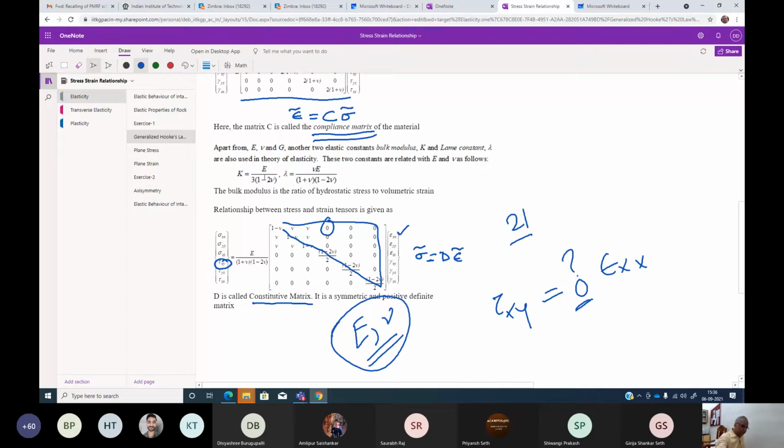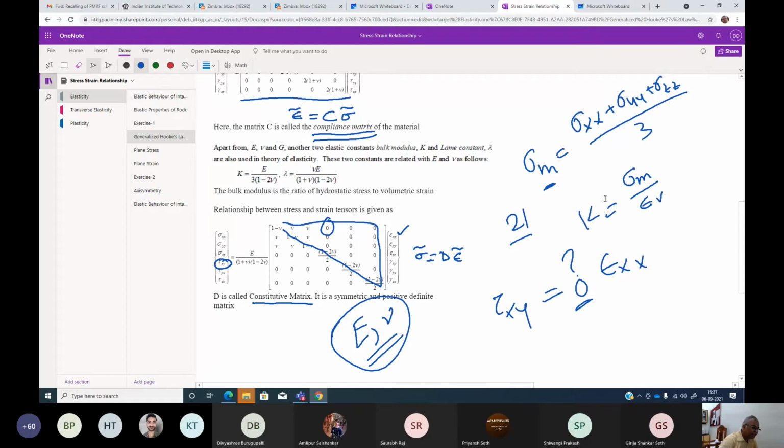The bulk modulus relates pressure, or the average stress, which I define as sigma m, sigma x plus sigma y plus sigma zz by 3. Now, I defined an average normal stress. So this average normal stress divided by volumetric strain is basically K. That is the bulk modulus.